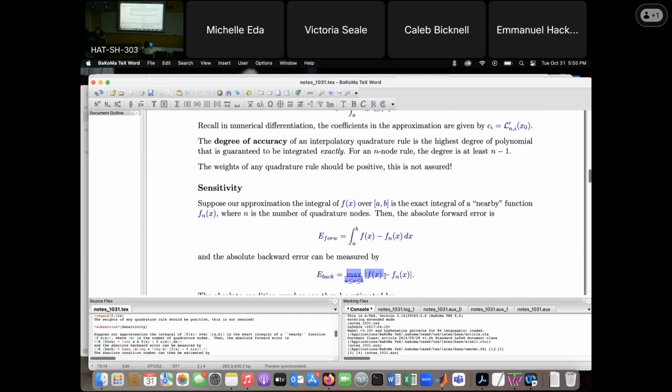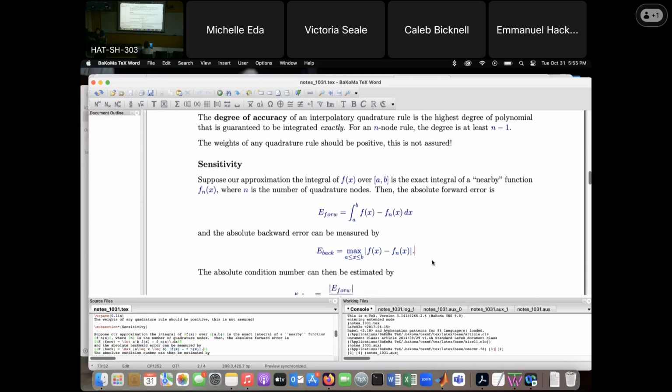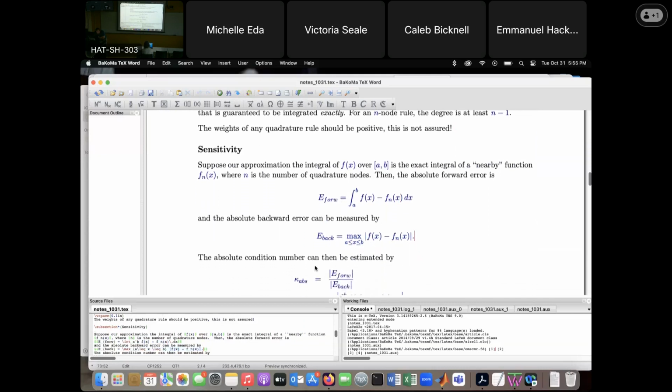For example, this would be the maximum error in approximating f on the interval [a, b]. Now we can use forward and backward error to estimate the condition number. The absolute condition number would be the absolute forward error divided by the absolute backward error, in absolute value.